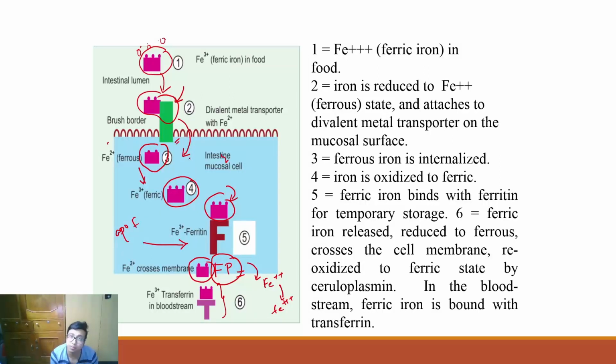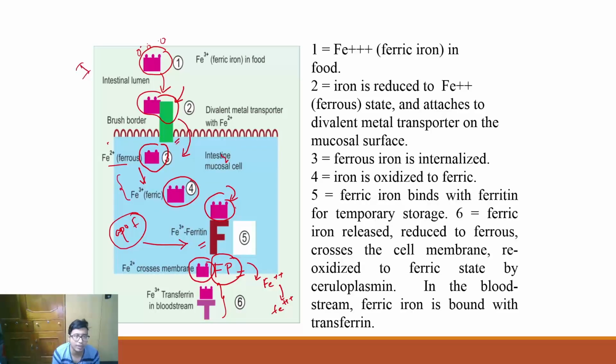This is the entry portal from the intestine, so it is getting into the cell. This is the ferrous form. Ferrous form gets converted to ferric form inside the cell. What is the use of this ferric form? Ferric form binds to ferritin. It actually combines with apoferritin to form ferritin. This is a complex.